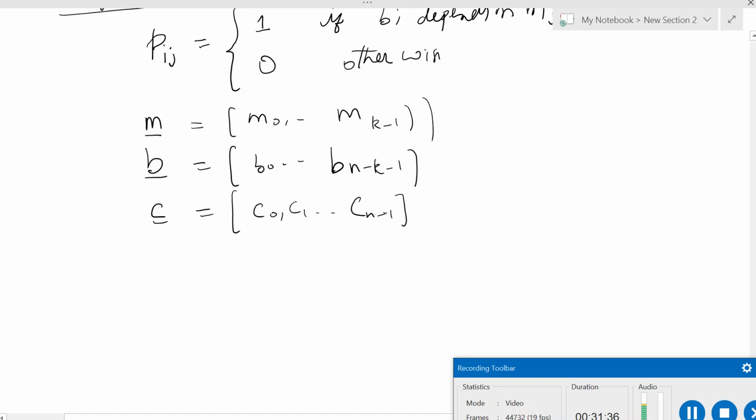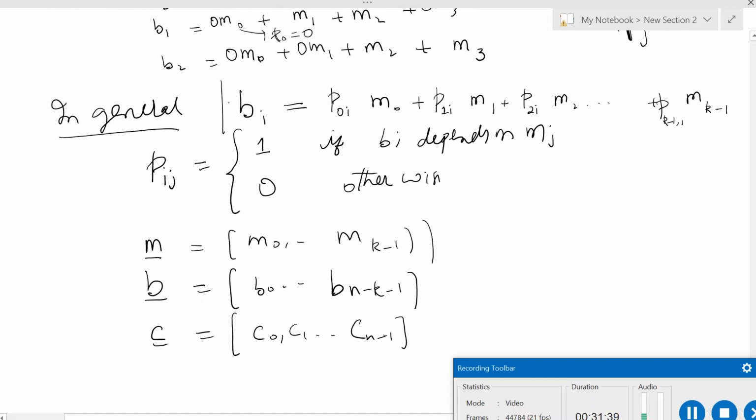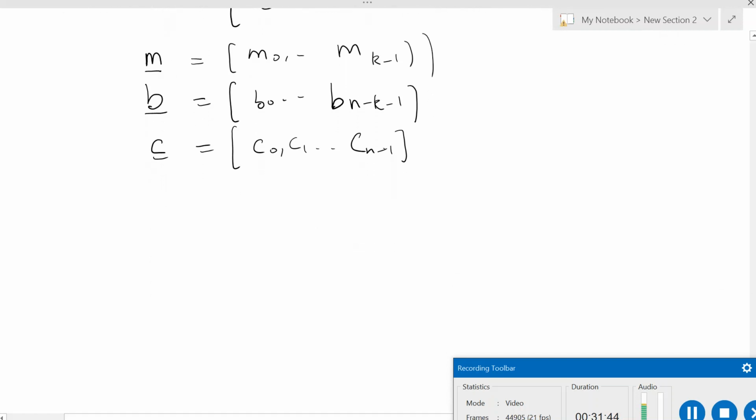Now this operation bi is equal to this, we can also think of, see, if you look at it, b0 is equal to, I will write it in detail so that it becomes clear for you. b0 is equal to p00 m0 plus p10 m1 plus pk minus 1 0 mk.